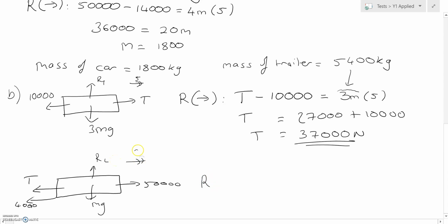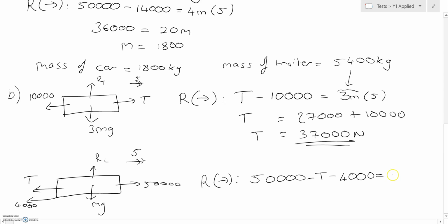Again, it's accelerating to the right at 5 meters per second squared. So the net going to the right is 50,000 take away tension, which was going backwards, and the resistance, which was 4,000.